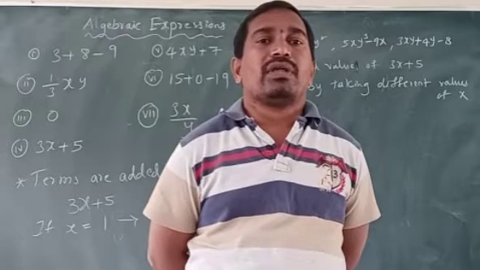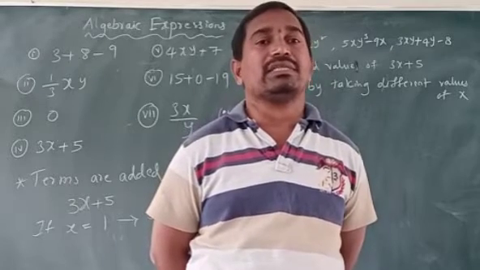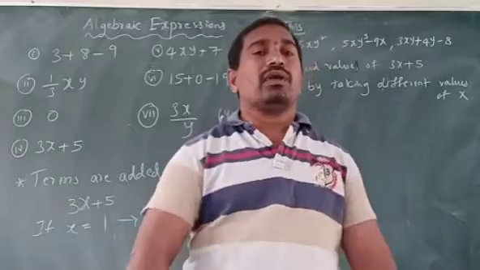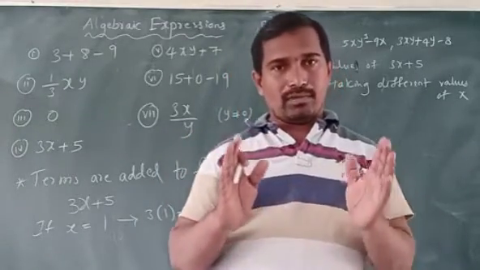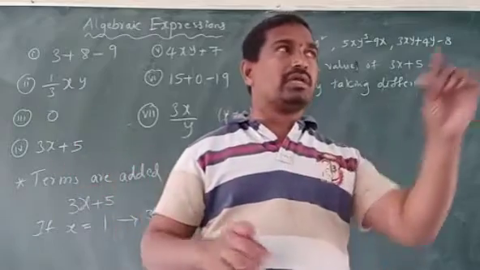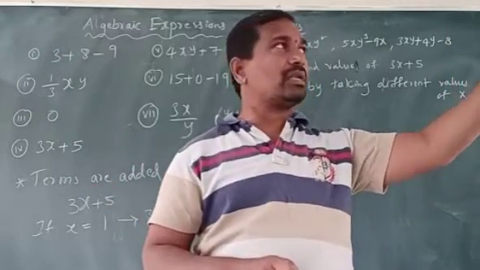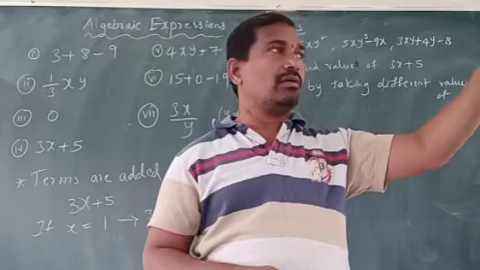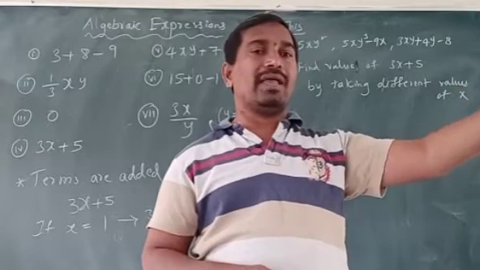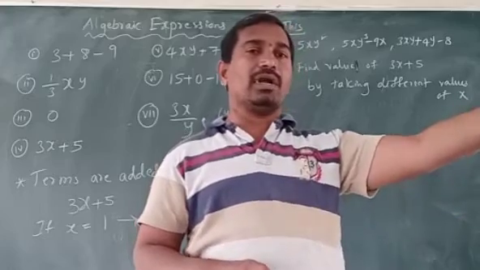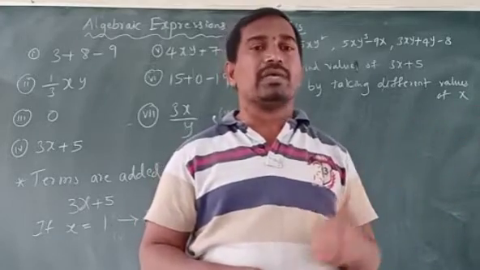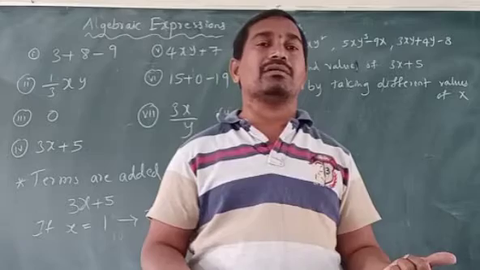So the temperature of a day in a week will change. If you want to show the temperature of a week, you can display on the board: temperature of the day is P, the values of P on different days. Value of P on Monday, Tuesday. So what is P? P is temperature.